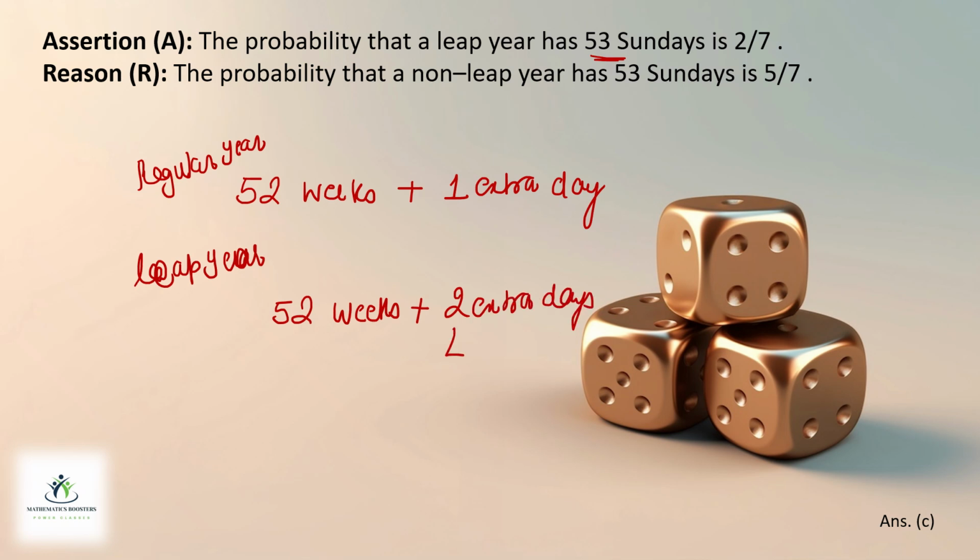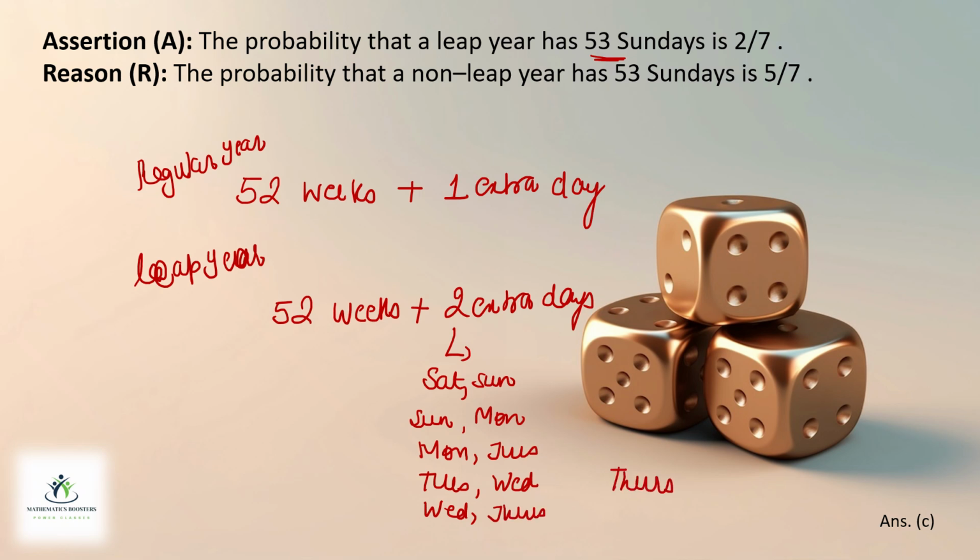Now these 2 extra days can be Saturday, Sunday; Sunday, Monday; Monday, Tuesday. All are the possibilities. Tuesday, Wednesday; Wednesday, Thursday; then Thursday, Friday; Friday, Saturday.